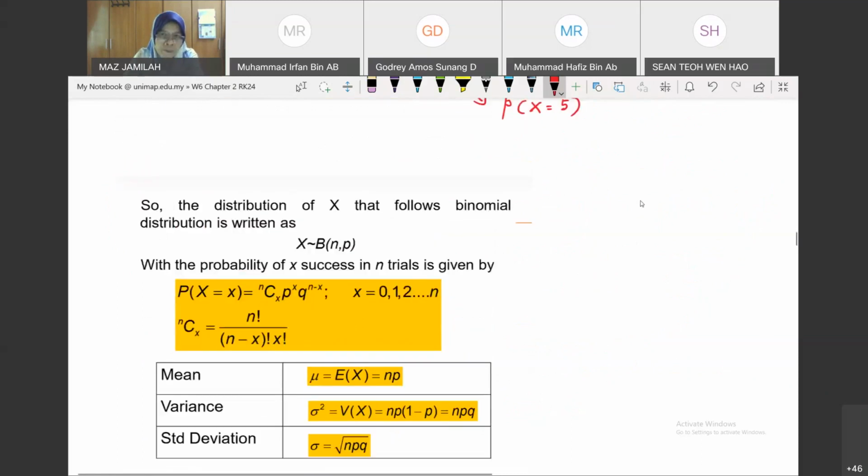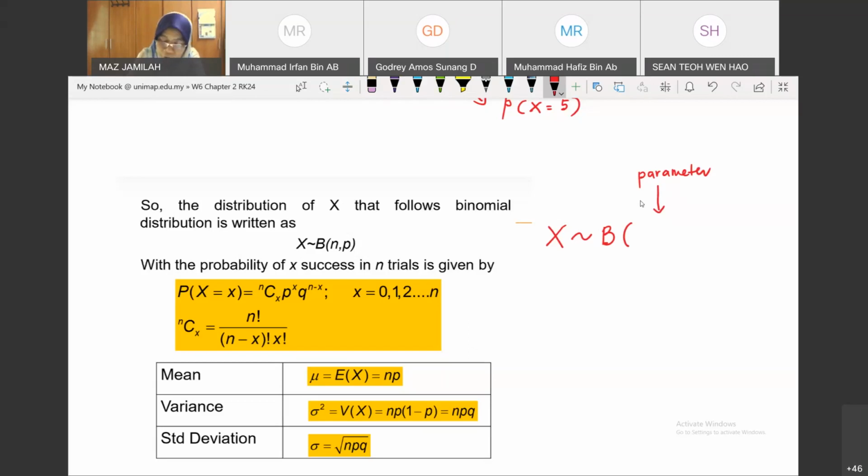Now, knowing that your X random variable follows binomial criteria, we can say X is following a binomial distribution with the parameters. So this is what we call the parameters. Now, what are the parameters involved in the distribution?